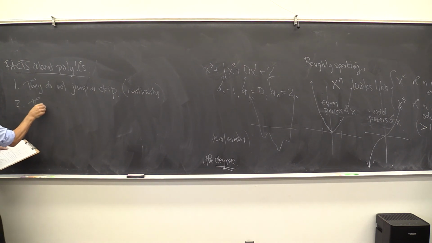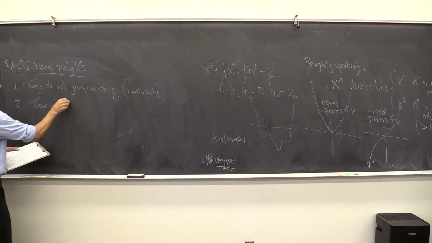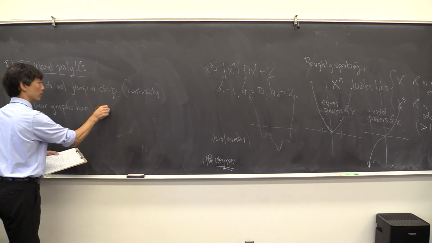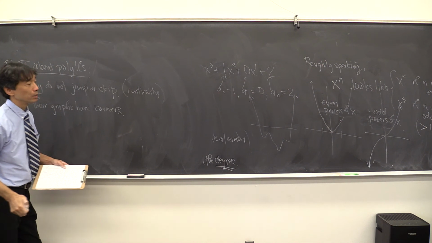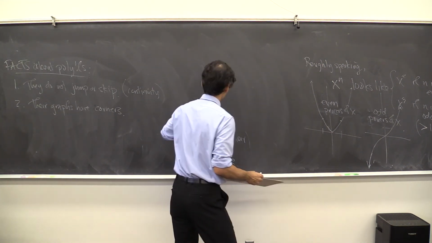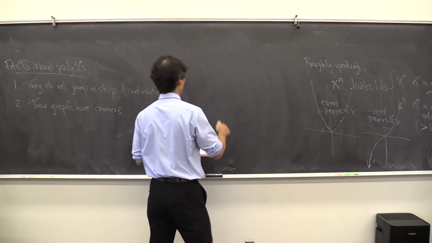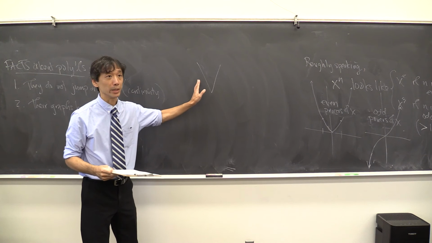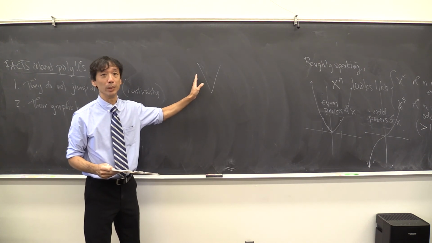Second, their graphs have no corners. So you never see a polynomial that looks like this. If you saw something like this, you would know it's not a polynomial.